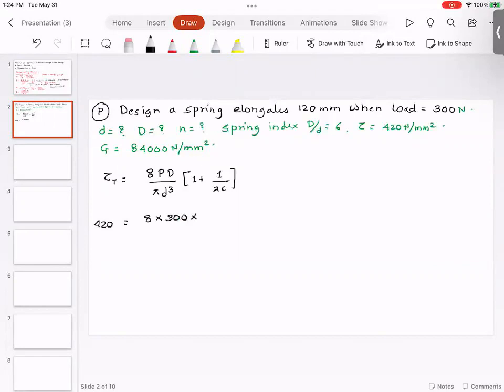Now D by d is 6. I can say 6 times d by d cube, times 1 plus 1 divided by 2 times 6. And from here, you should be able to find out the value of d. So quickly use your calculators and tell me what is the value of d.